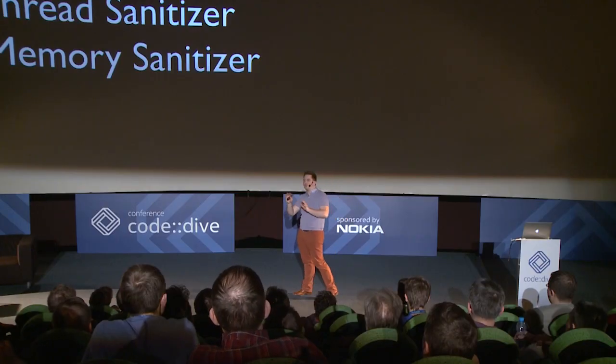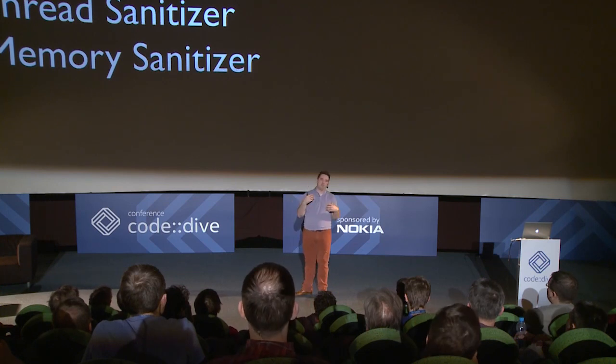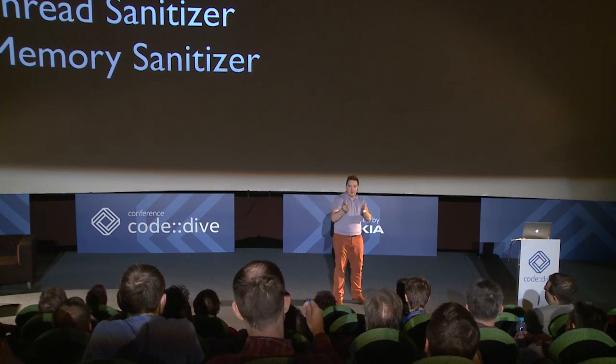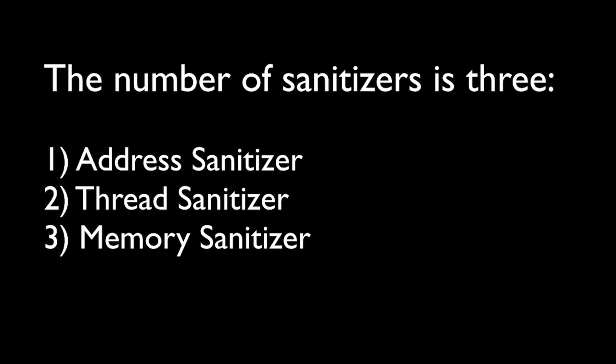But if you're doing that, you have a problem. If you want to track both the address sanitizer metadata and the memory sanitizer metadata, you start to run out of memory. If you add in the thread sanitizer metadata, you're completely out of memory. There's just no more space. And so in order to be efficient, we actually have to split apart the kinds of bugs that we want to tackle into separate tools.